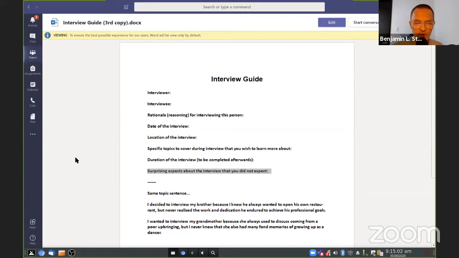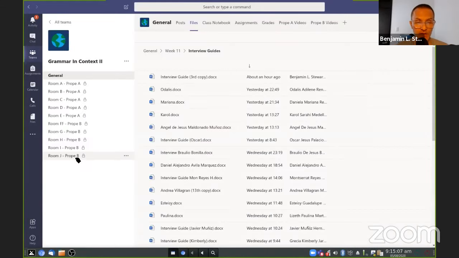Because remember, one of the requirements for this assignment is to make sure that all of your sentences are either a complex sentence, a compound sentence, or a compound complex sentence. In other words, try to avoid writing simple sentences for the purpose of this assignment.